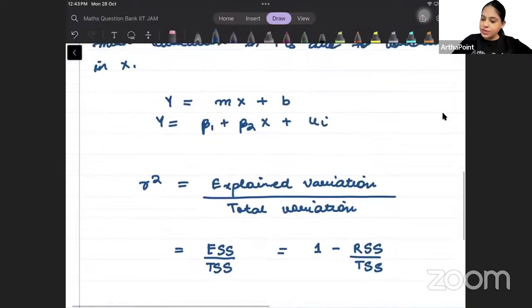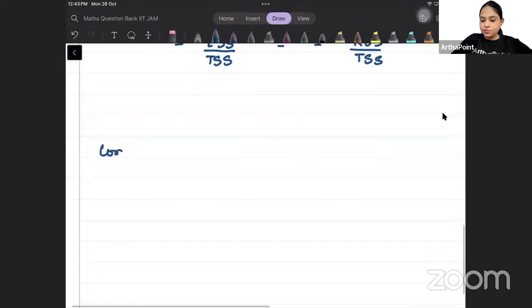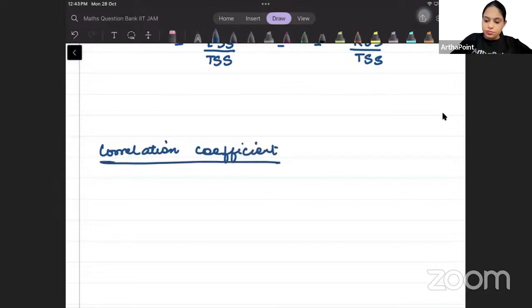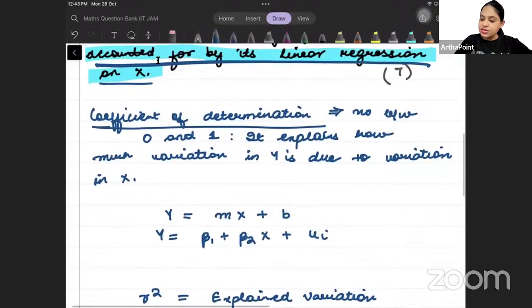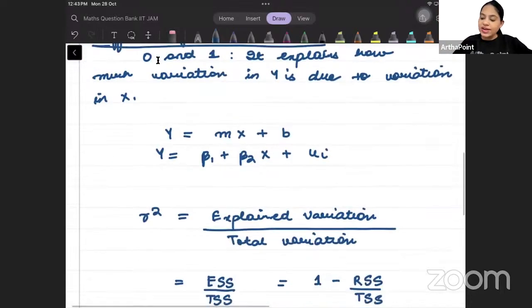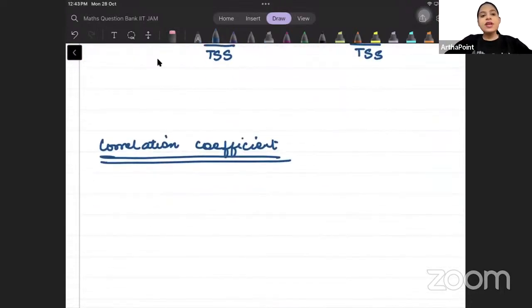So the second part is the correlation coefficient. कोरिलेशन कोएफिशिएंट का एक इंपॉर्टेंट एस्पेक्ट ये है कि unlike this, which is between 0 and 1 because it is telling you कि कितना explain हम कर सकते हैं y को, the coefficient of correlation is not between 0 and 1, it is actually between -1 and 1.